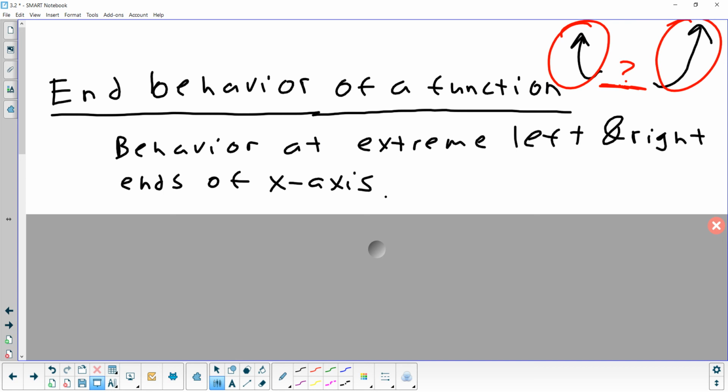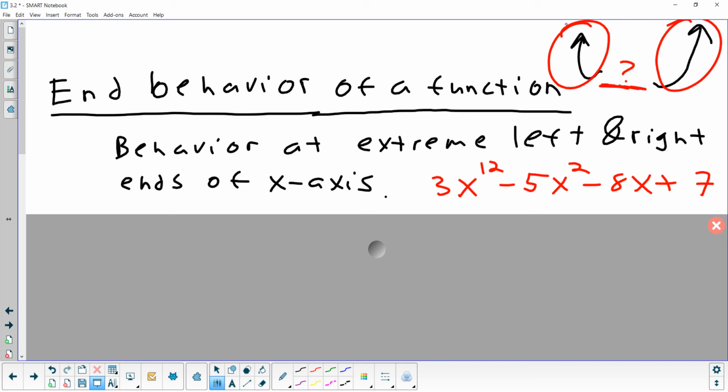Okay? And we'll talk about different ways that we can describe that. And just by looking at something like this, I can tell you that that's up on the left, up on the right. I shouldn't have to graph that at all. And I know that's what it's going to look like. If I did this, now I can tell you it's down on the left, down on the right.